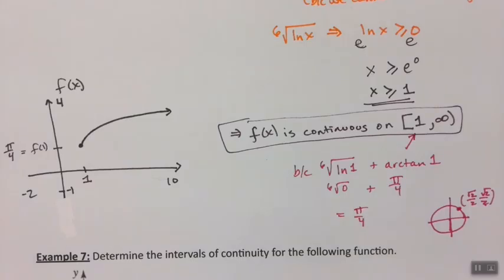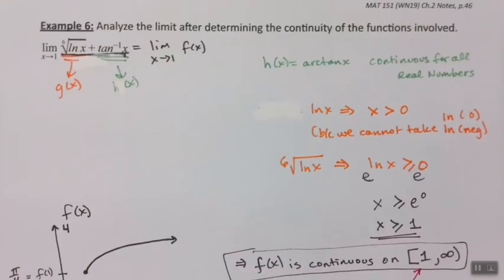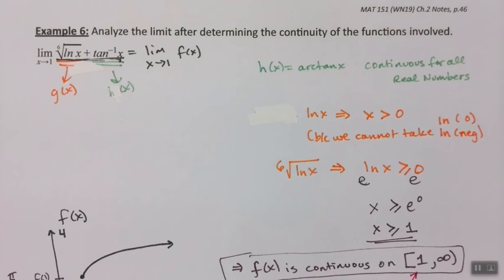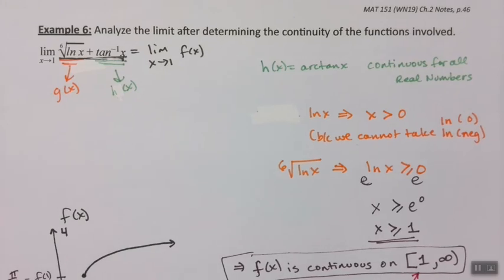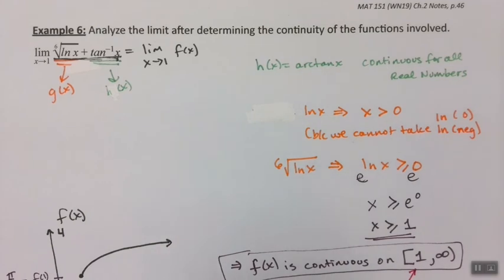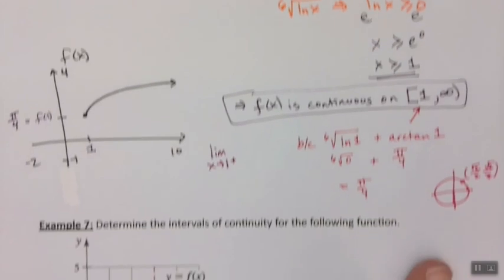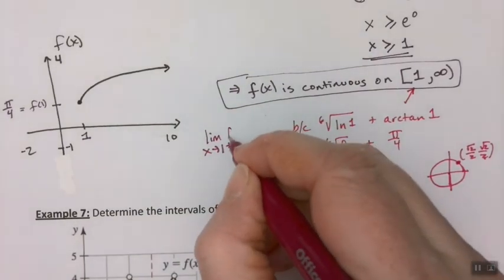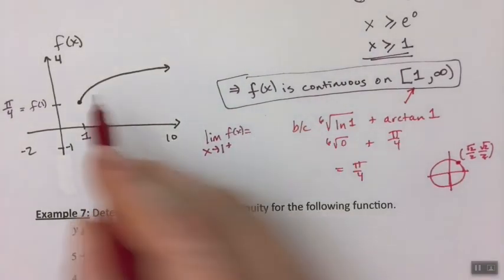Okay, so the problem asked us to determine the continuity of the function, we did, and to analyze the limit. Well, I've determined the continuity of the function, and I was just analyzing the limit right here. That the limit as x goes to 1 from the positive side of f of x is equal to pi over 4.